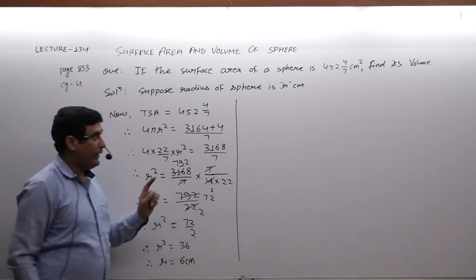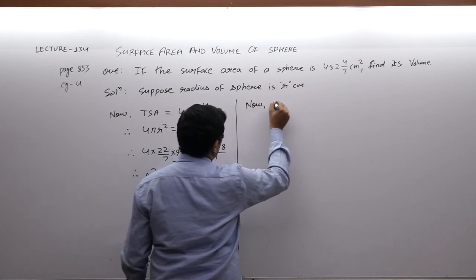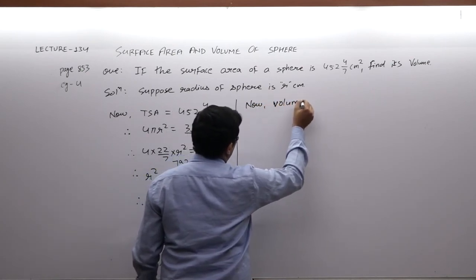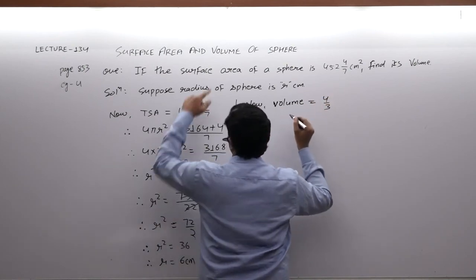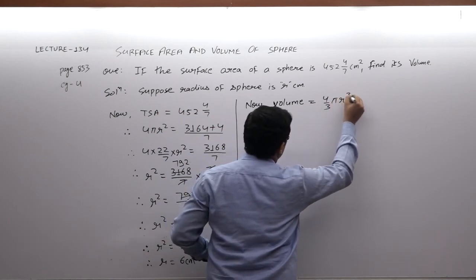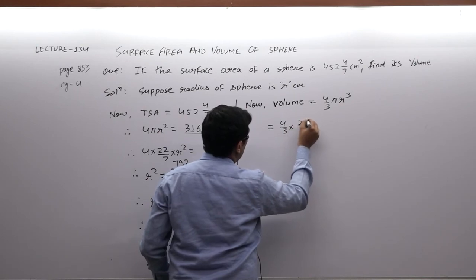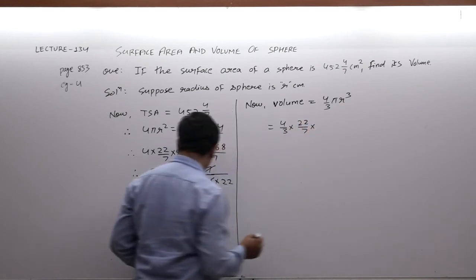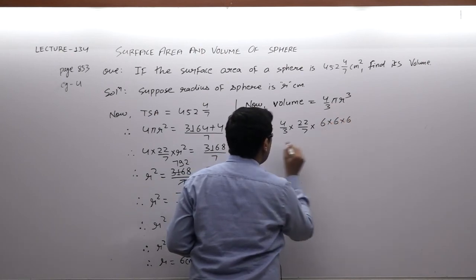Now I have to find its volume. So now the formula of volume is 4 by 3. See, it's a sphere. So 4 by 3 pi r cube. So 4 upon 3, 22 upon 7. Now r is 6. 6 multiplied by 6 multiplied by 6.